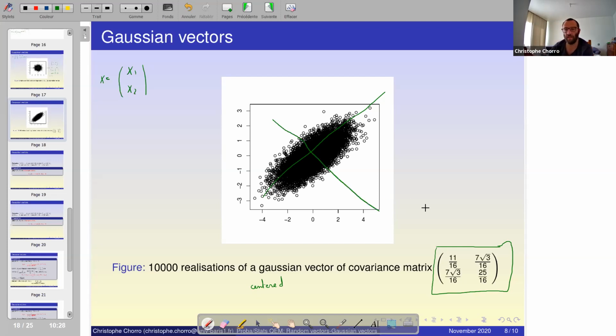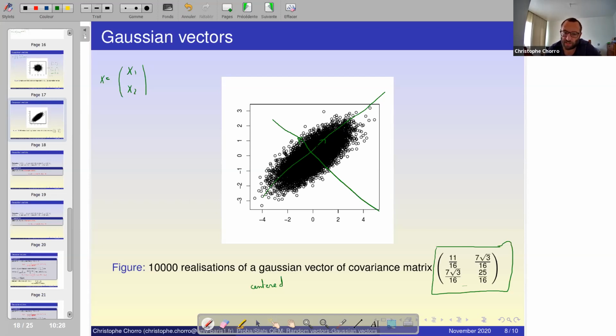And once again, I can see that I can find the eigenvalues of this matrix, find the related eigenvectors, and then the eigenvectors will give me these two directions that are, in fact, the directions of the two axes of my ellipse in this situation.